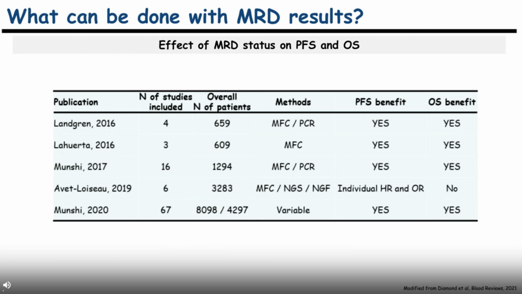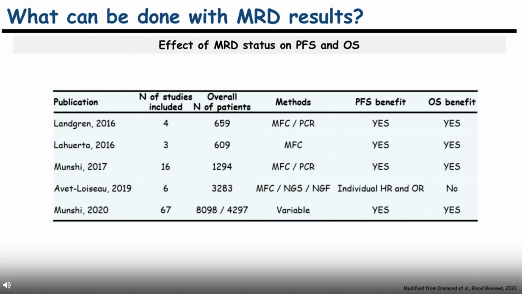As a matter of fact, there is a great body of evidence showing that MRD always has an impact on progression-free survival and or overall survival. And as I just said, despite the methodology used, and even when highly different operational performances of these methodologies are considered.